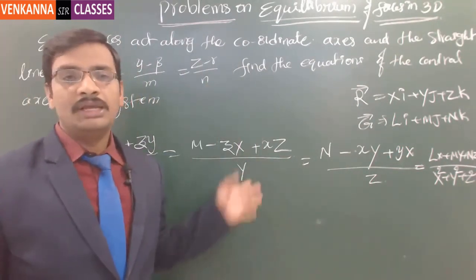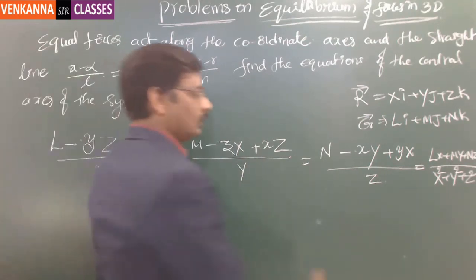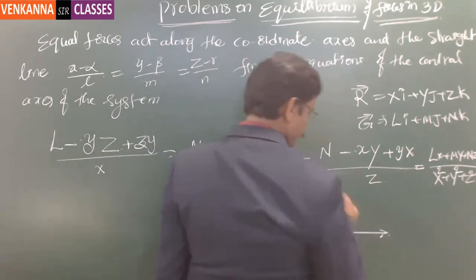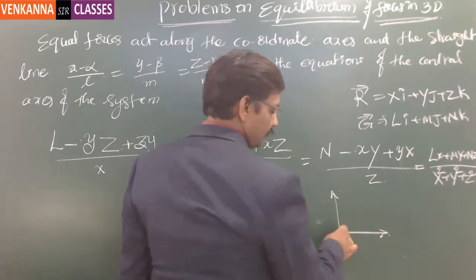Now he is talking about a total of 4 different forces. 3 forces are along the coordinate axes. Let us say this is the origin.